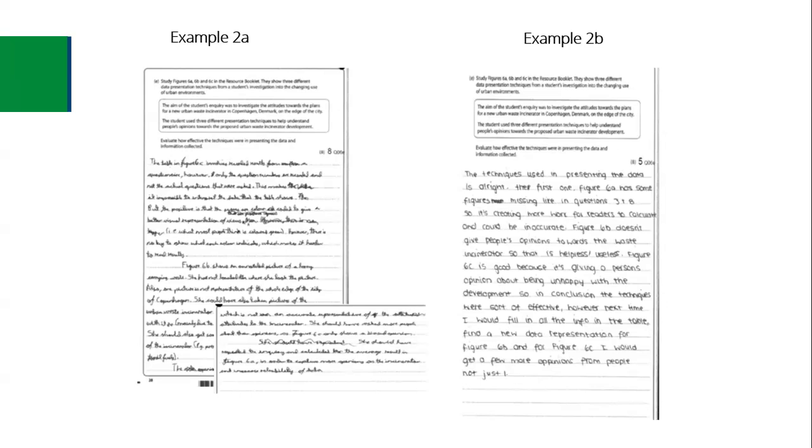In the second example, there is some attempt to consider the techniques and make suggestions about what more could have been done, but it doesn't provide enough evidence, clear detail or evaluative language to get it into level 3. If you read these through, they'll be in your packs.